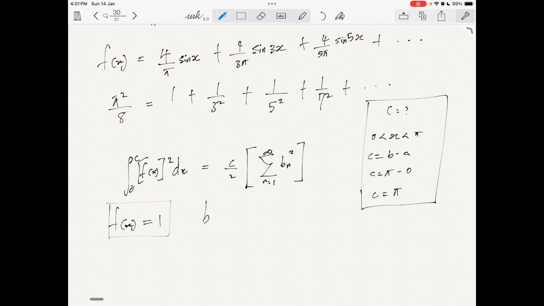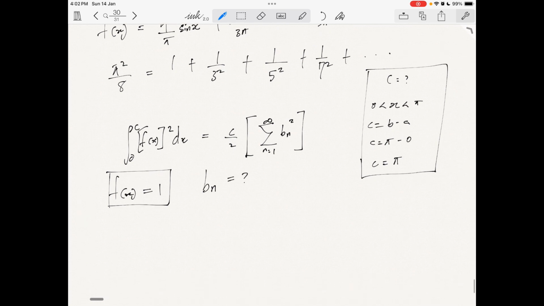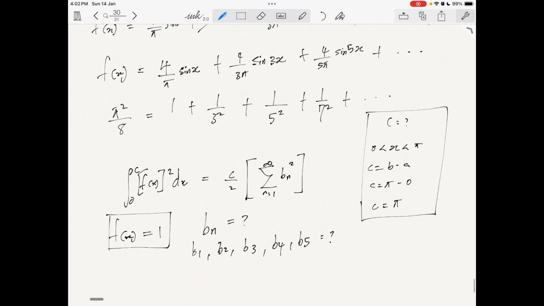and our bn is what? That means we are going to be dealing with b1, b2, b3, b4, b5 up to a certain value.